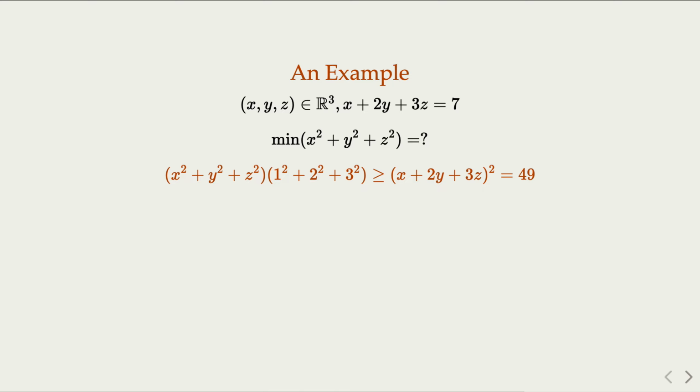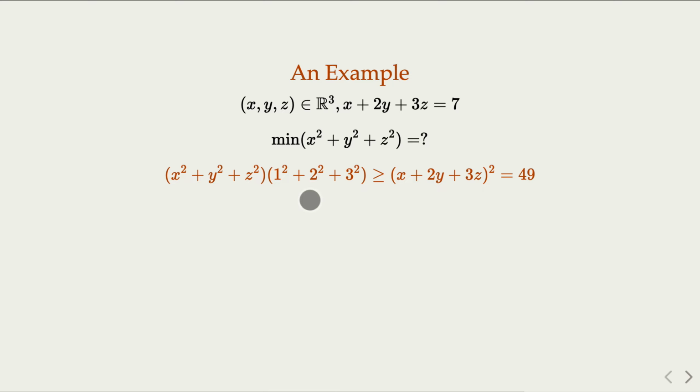It's really related to the condition we're given. Because we're given x times 1, y times 2, z times 3, it's kind of an inner product. So here you choose 1, 2, 3 as the other sequence. So you plug in the numbers, because we're given that x plus 2y plus 3z is a constant, so the square is going to be 49.